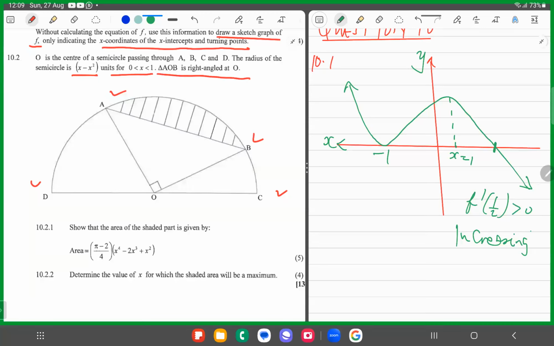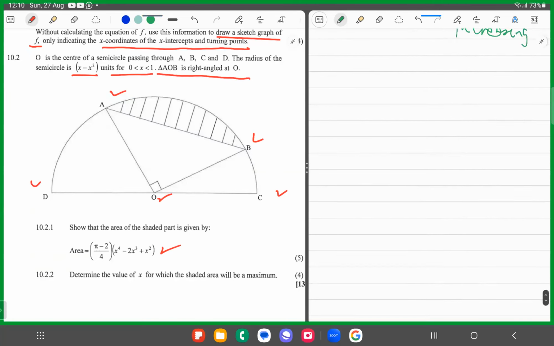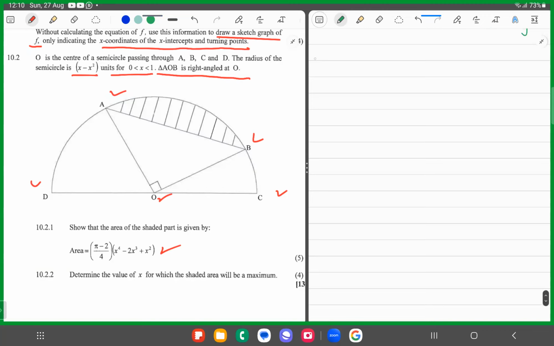The triangle AOB is right angled at the center O. Show that the area of the shaded part is given by this.